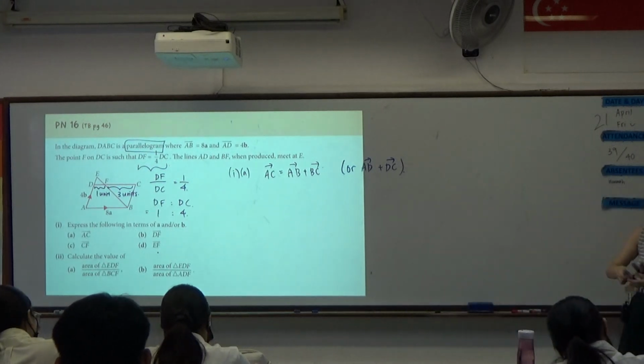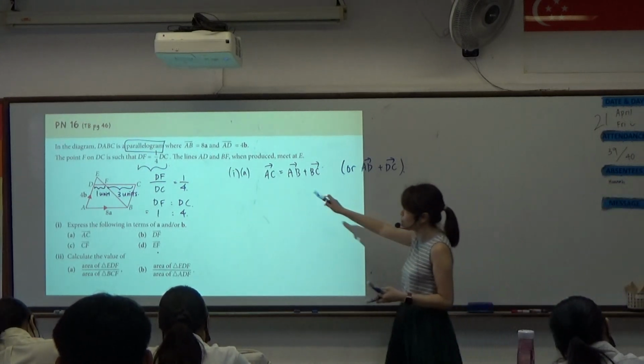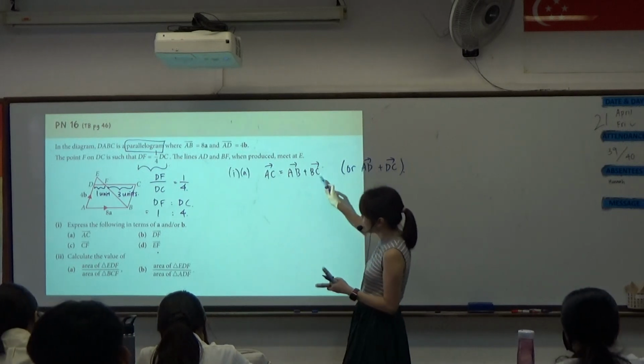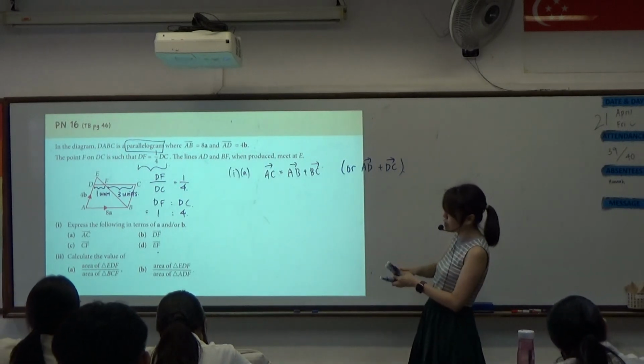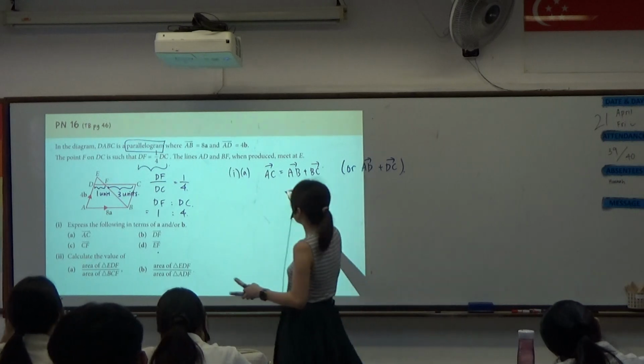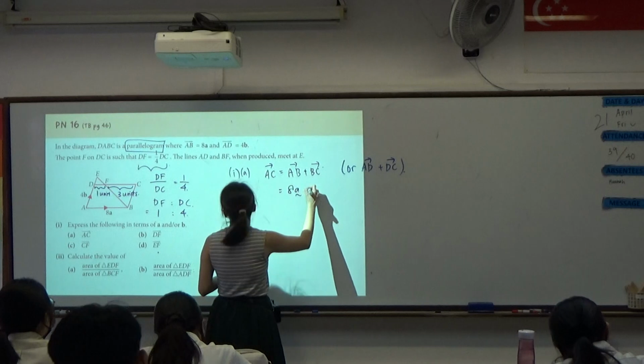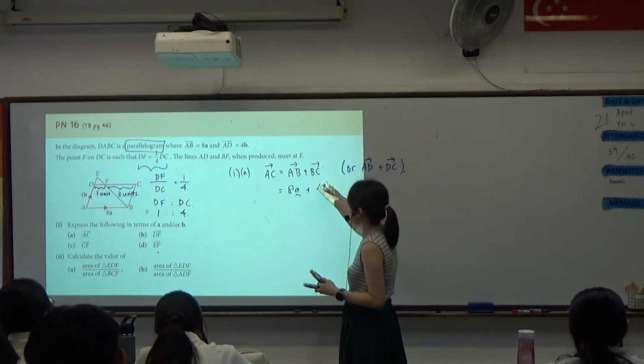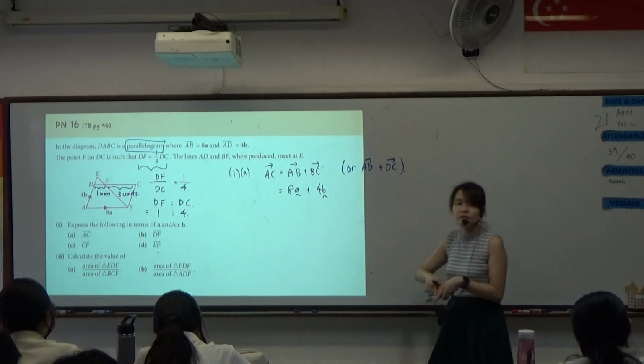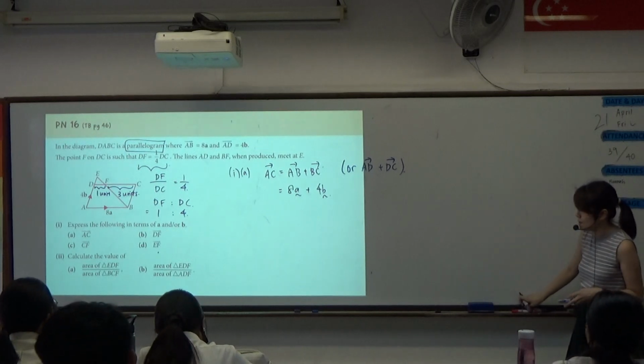But whichever way, we know that AB has the same vector as DC, and BC has the same vector as AD, because they are sides of a parallelogram. So AB itself would be 8A and BC would be 4B. So we find that AC equals 8A plus 4B.